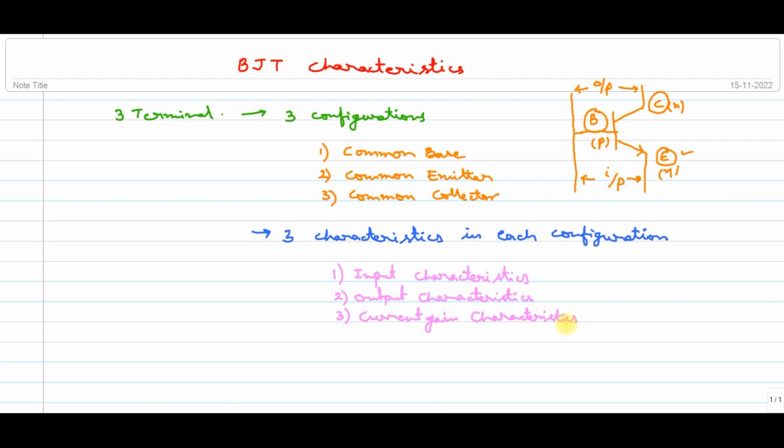So these three are the different characteristics in each of the configurations. Now we will see deeper into it. Under the heading of common base characteristics we have these three, under common emitter characteristics we have these, and under common collector characteristics we have these three. So let us go one by one.